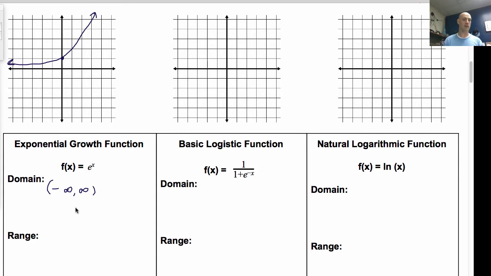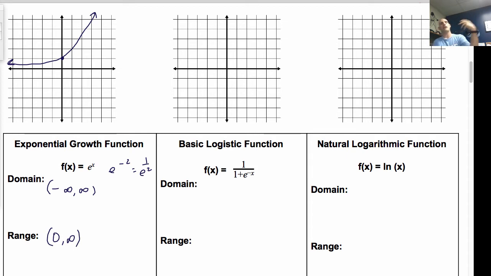Our range, however, you can't get 0, right? So if I had, let's say, e to the negative 2, it would be 1 over e to the 2, right? Well, now it's a fraction, so 0 can't go on the bottom. And so I cannot put in a 0. 0 can't come out.